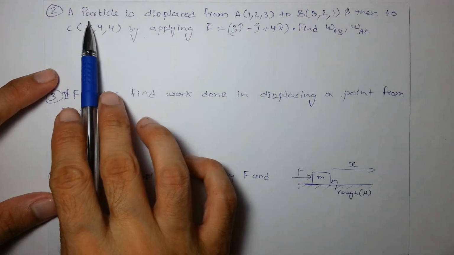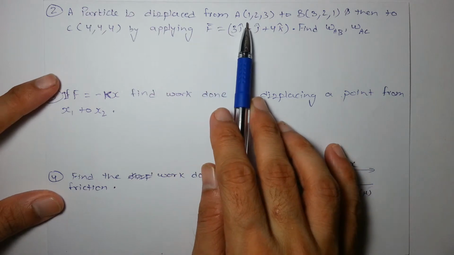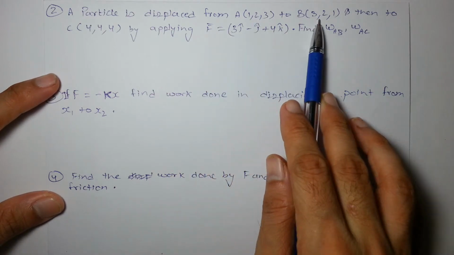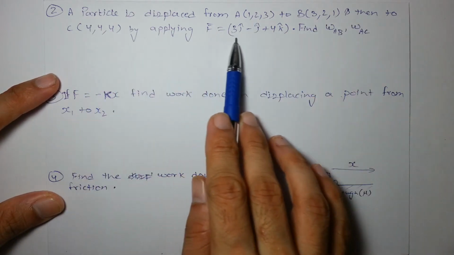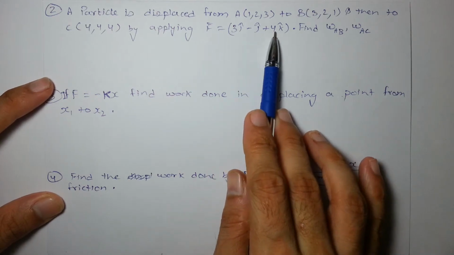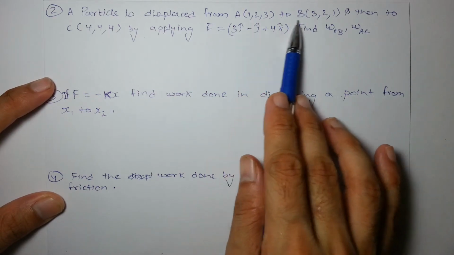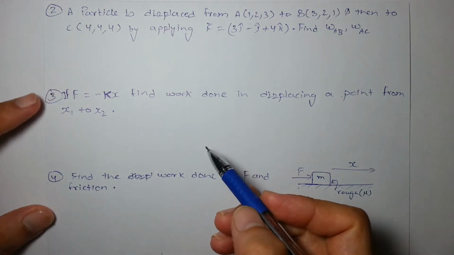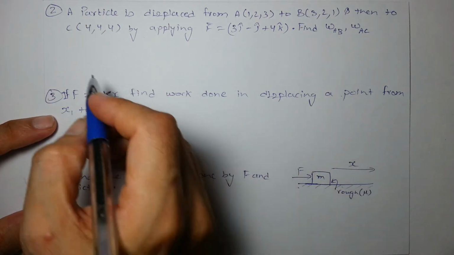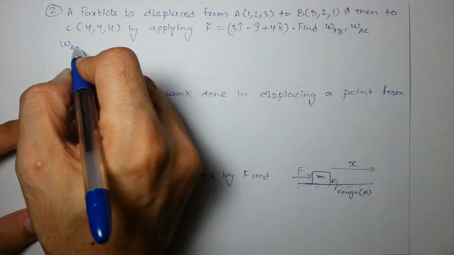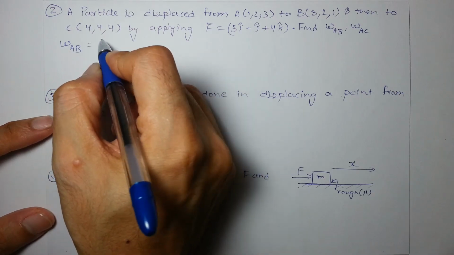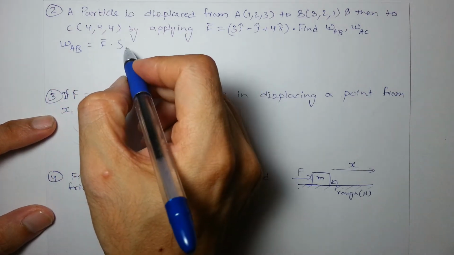In the next example, a particle is displaced from point A, which is (1, 2, 3), to B and then to C by applying this force. As the force is constant, we can simply take out the displacement and take the dot product. We have to find work AB. Work AB is force into displacement.